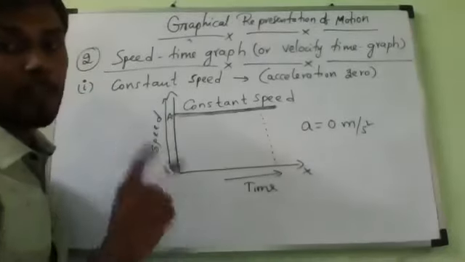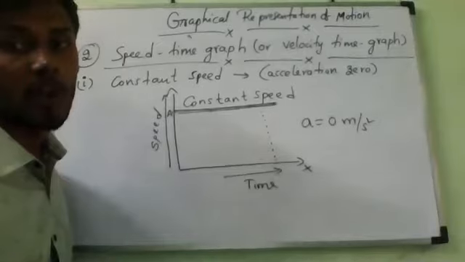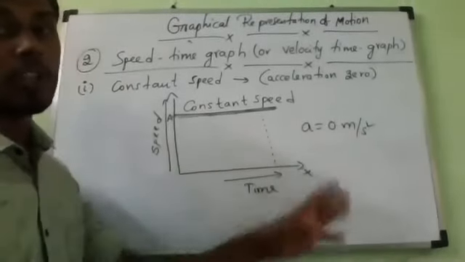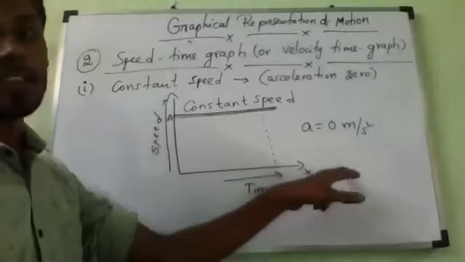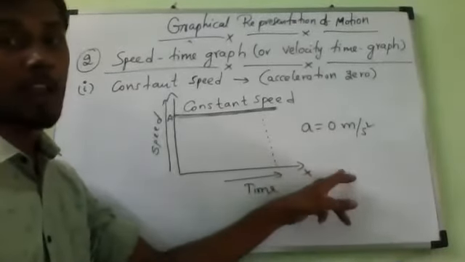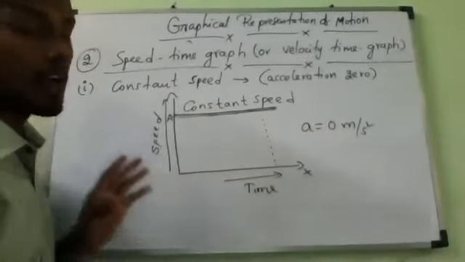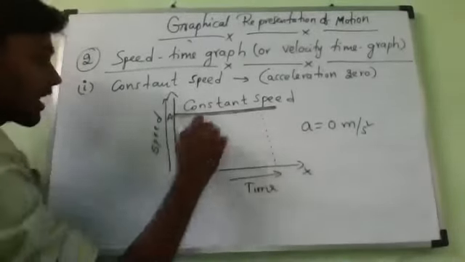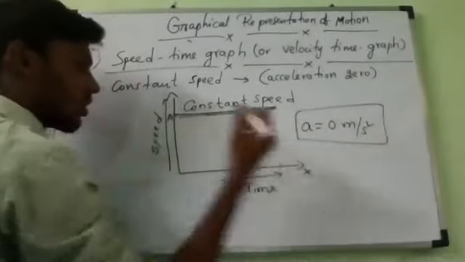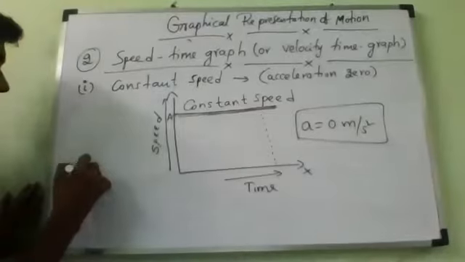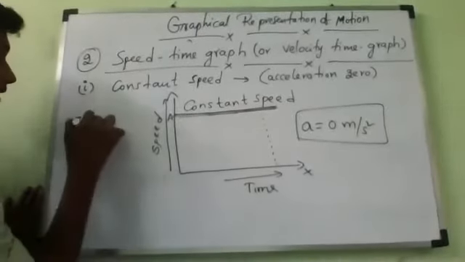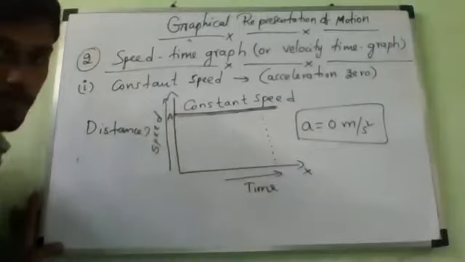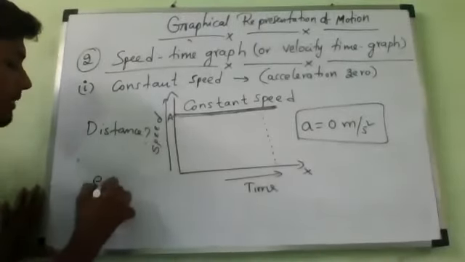Since the speed of a body is constant or uniform, there is no acceleration. Hence there is no question of finding the acceleration from such a speed time graph. We can, however, find the distance traveled by the body.